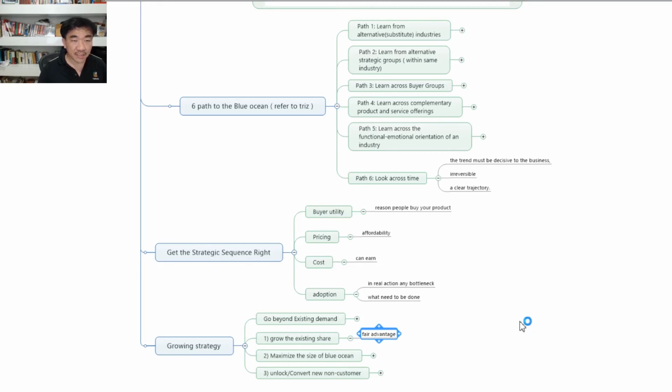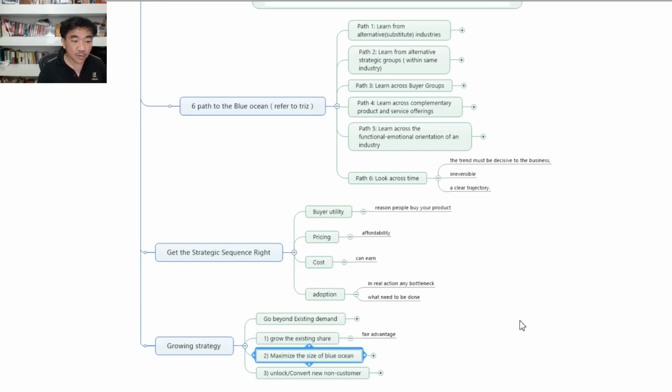Fair advantage could mean, for example, if you go to a race, you're not using drugs, you actually start together, and you're not using better equipment. So in business it's the same. Fair advantage only happens when you try harder, or you offer something better at a cheaper price.